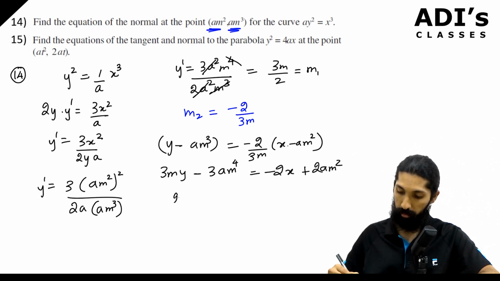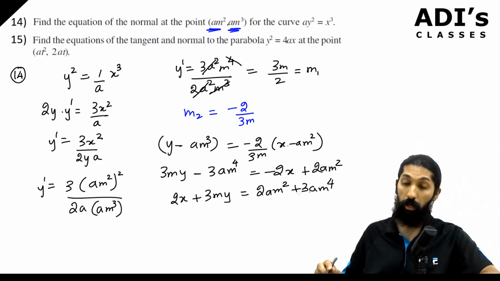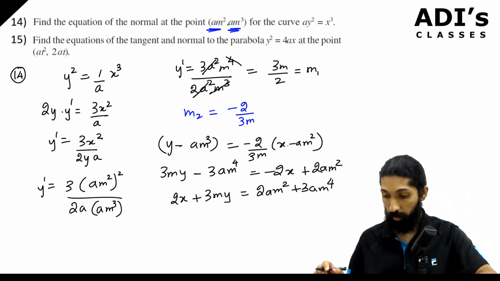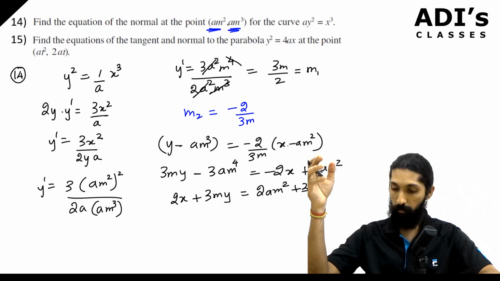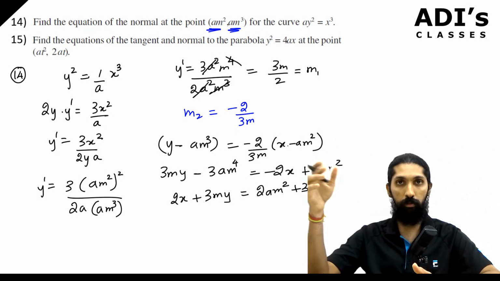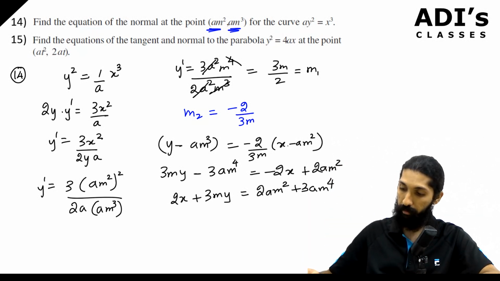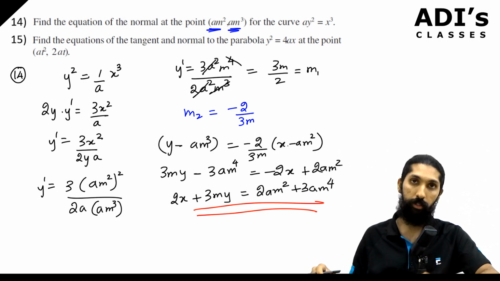So you'll get 2x plus 3my is equal to 2a m square plus 3a m power 4. Now on the RHS you can take common and simplify, or if you want you can keep it as it is. Even if you take a m square as common, you are still going to get this itself. So you can keep this as the final answer, not an issue.